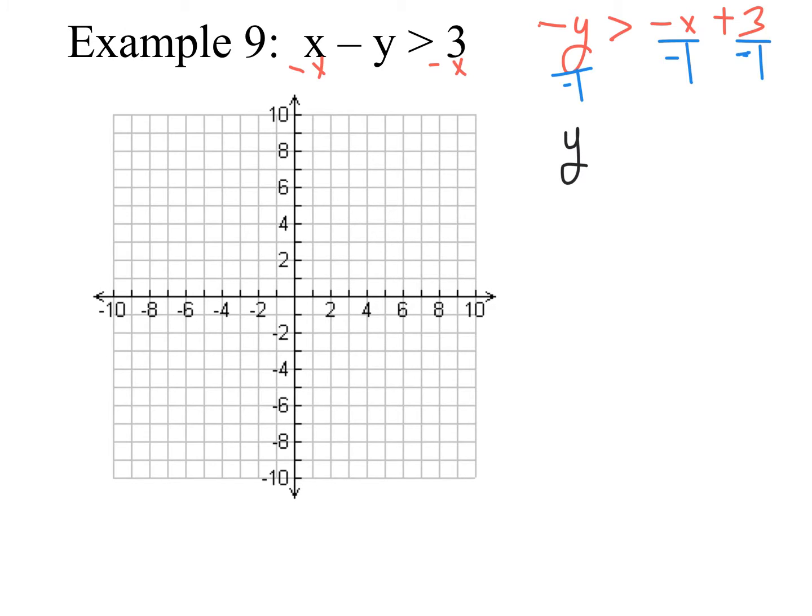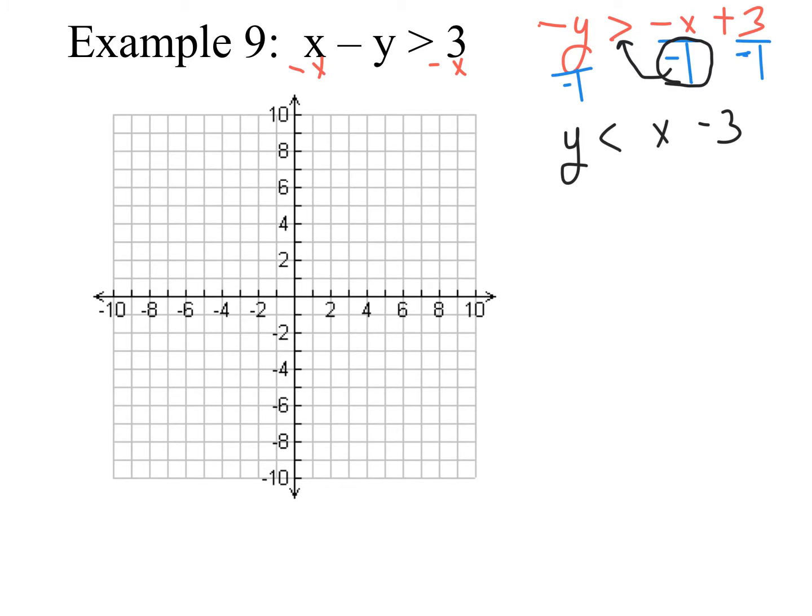Y. Now remember, from our rules of inequalities from way back when, anytime you divide with a negative, that inequality symbol flips. So this is now less than x minus 3. And that was the trap. That's the tricky part on that one: because we divided by a negative, you have to flip the symbol.